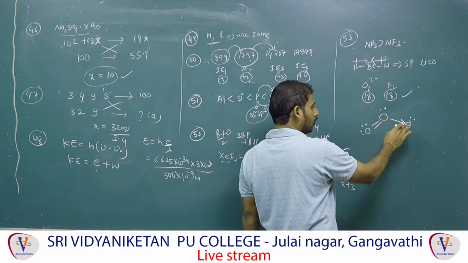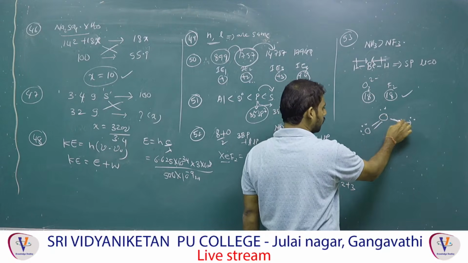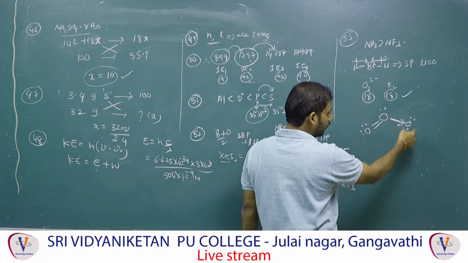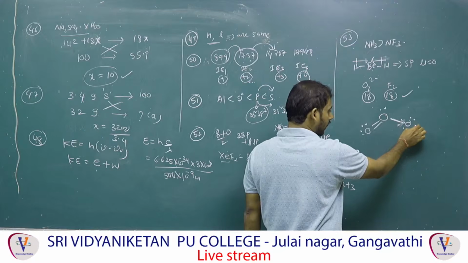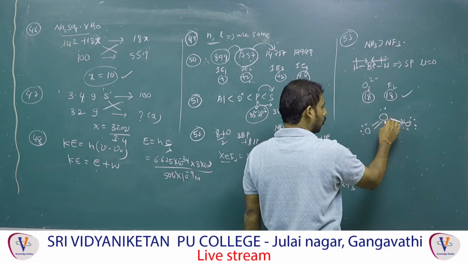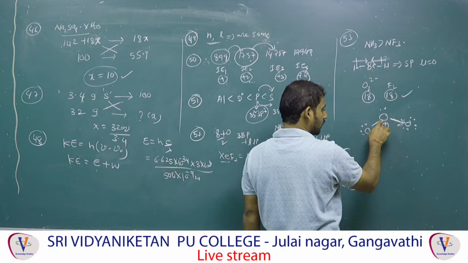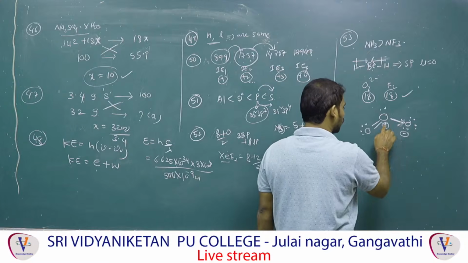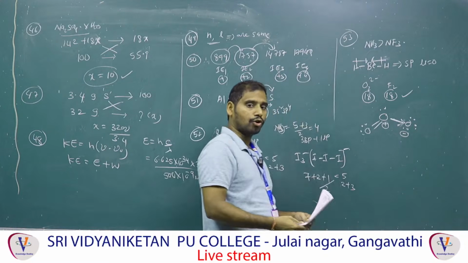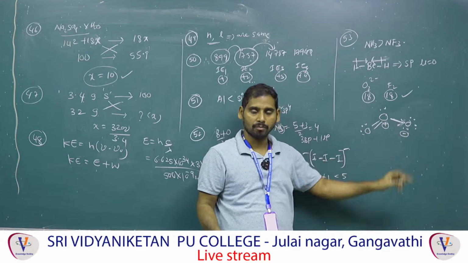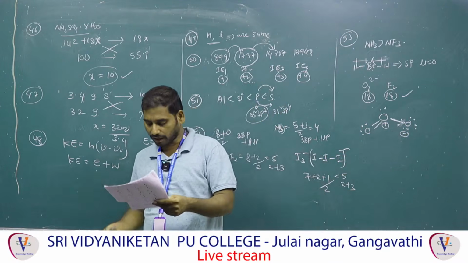Observe clearly. One of the lone pairs is donated to this one because this is not satisfying the octet. This is donating to this. This is the donor, this is the acceptor. Donor means it is losing charge, that is plus 1. The acceptor is gaining charge, that is minus 1. Plus 1 to minus 1 means the central oxygen of ozone has plus 1 charge. A surrounding oxygen atom has minus 1 charge. So they are saying central plus 1.